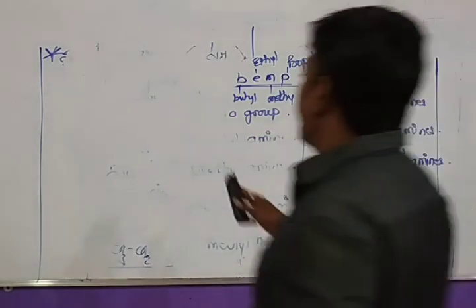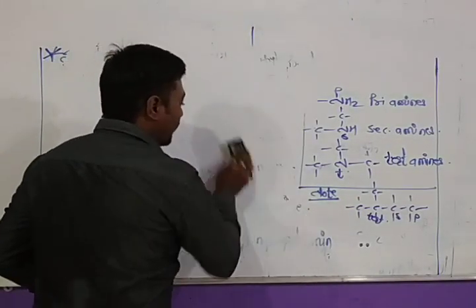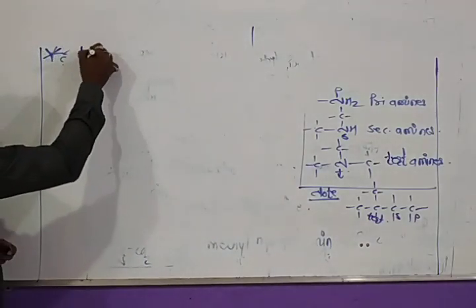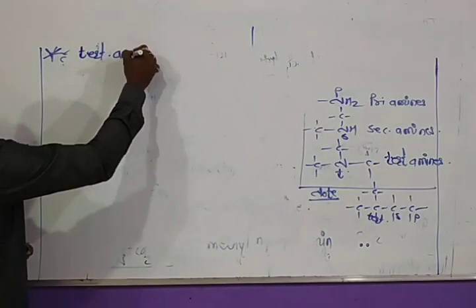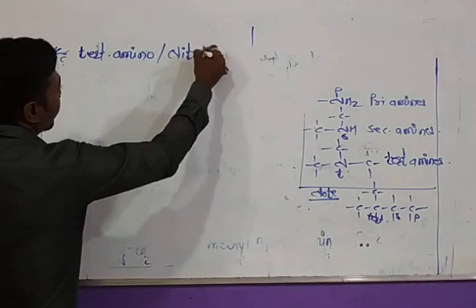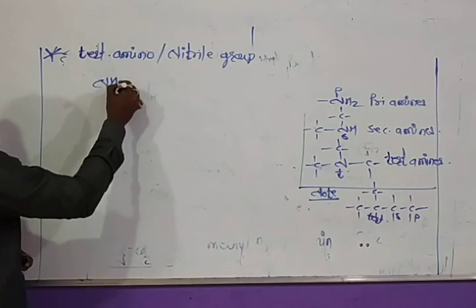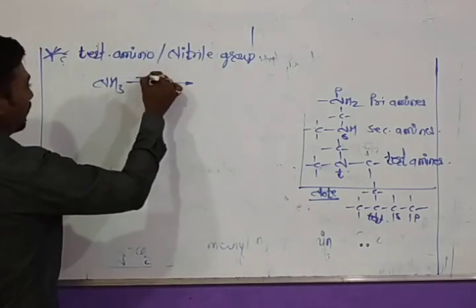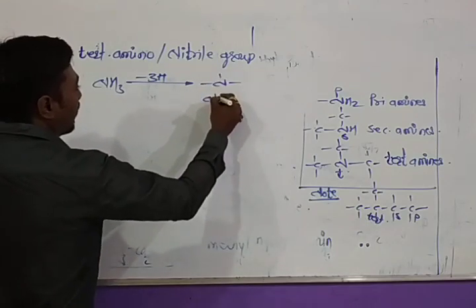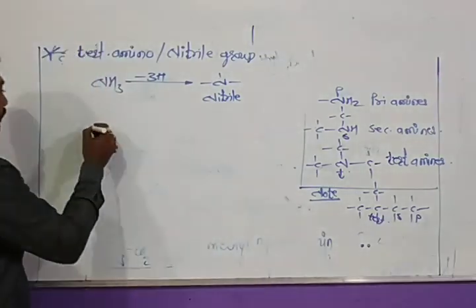Look, the tertiary amino group or nitrile group is formed by removing all three hydrogen atoms from ammonia. We get a nitrile group or tertiary amino group.